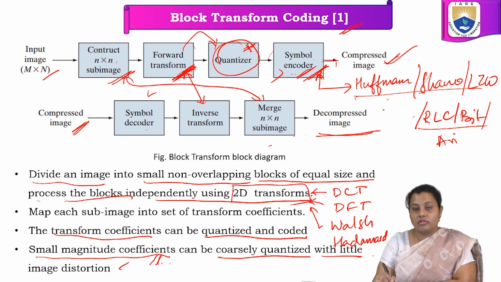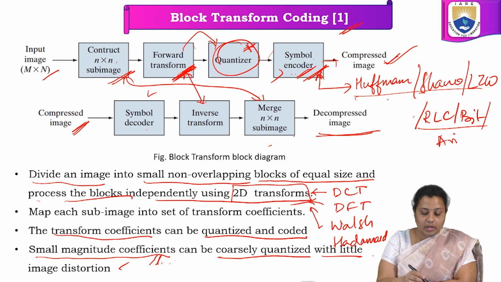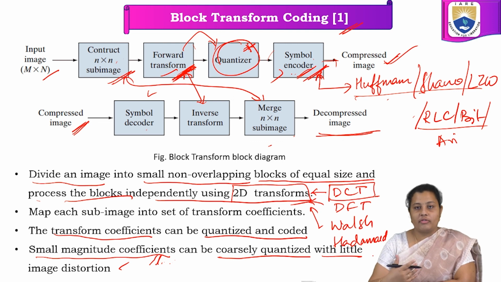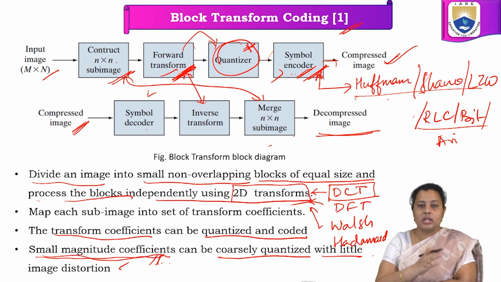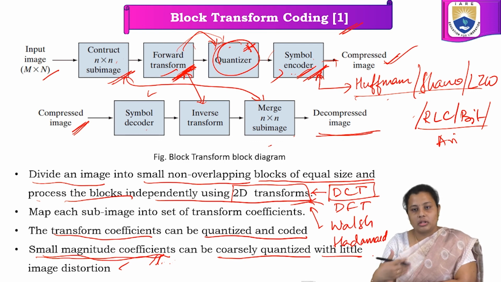How do we choose the forward transform? It also depends on our application, but mostly we go for DCT, because the coefficient values differ from each other and we can differentiate between small magnitude and high magnitude coefficient values. When going for the quantizer, we can either neglect them or quantize them, so a compressed image can be achieved properly.